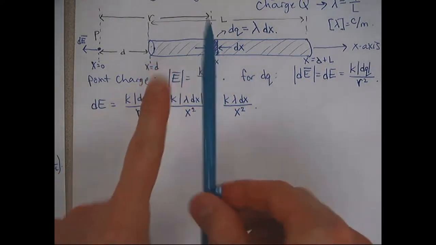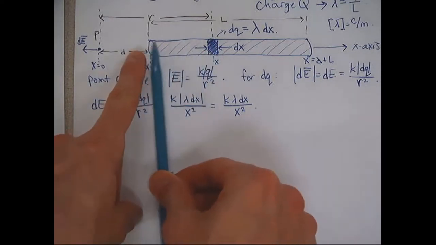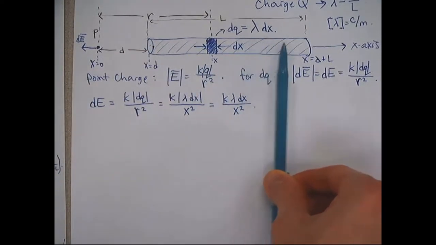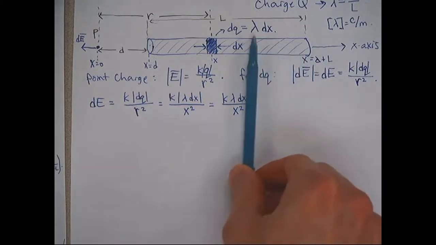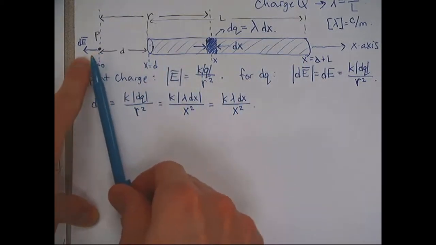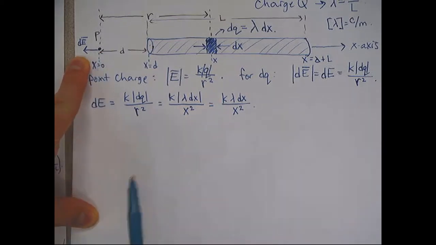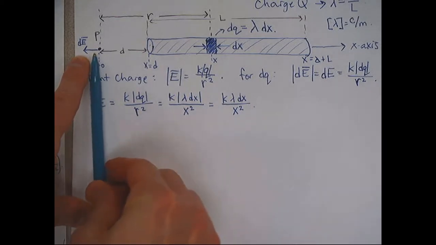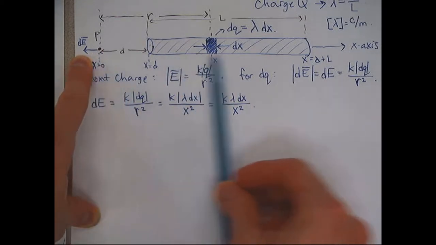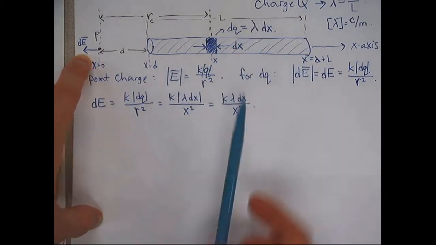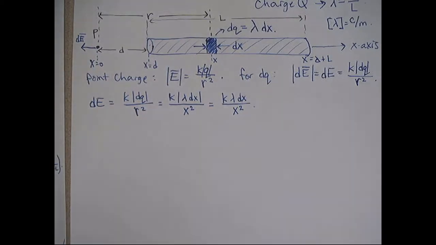You can tell there will be an infinite number of these dq's along the length of the rod. Each one will create its own contribution to the electric field at point P. All we're doing is, by vector superposition, adding the electric field contributions from each dq. You saw in the previous video an example with 2 point charges.